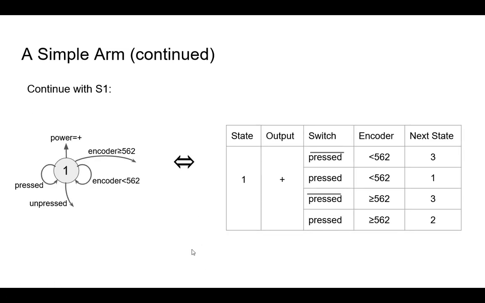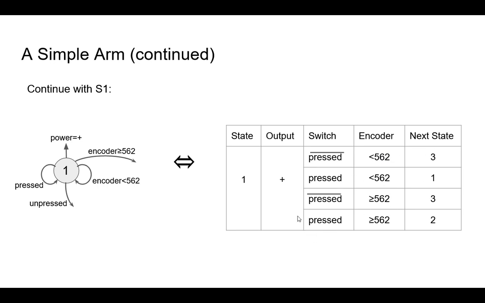So let's do the second state. The first state, which would be state 1. Okay, convince yourself that this is state 1. The output is positive because we want the motor to be rotating the arm down to the horizontal position. And these tell you what the encoder values are, or what the switch position is and the encoder value position is to go into the next states.